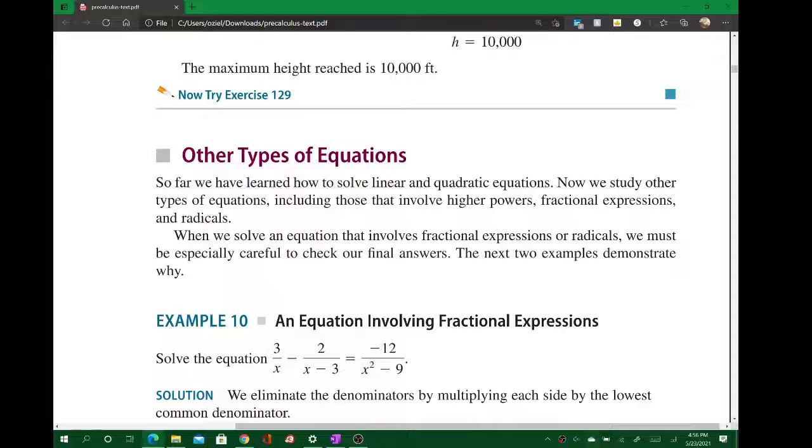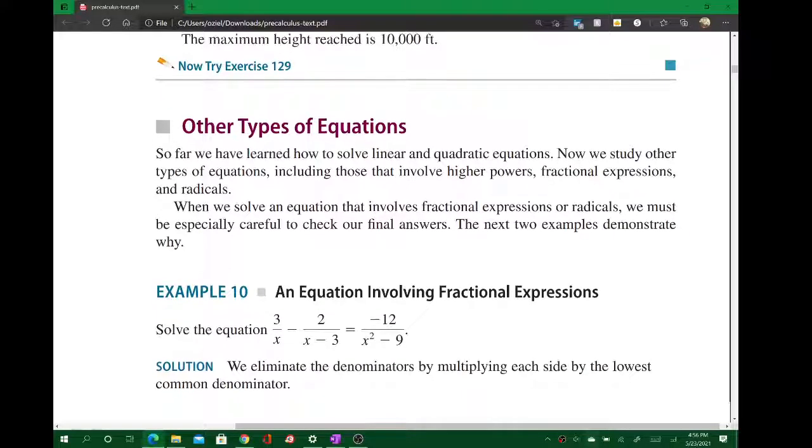So far we have learned how to solve linear and quadratic equations. Now we study other types of equations, including those that involve higher powers, fractional expressions, and radicals. When we solve an equation that involves fractional expressions or radicals, we must be especially careful to check our final answers. The next two examples demonstrate why.